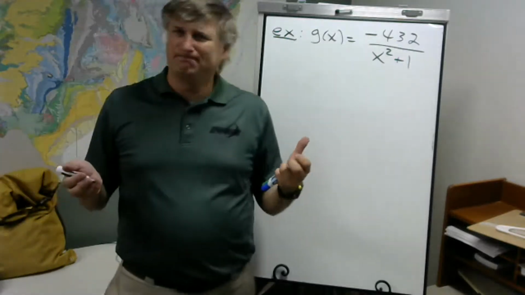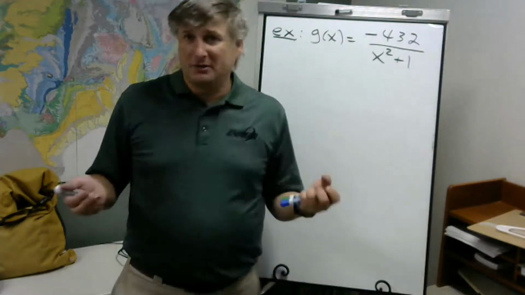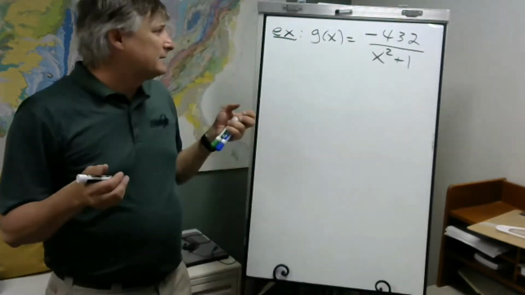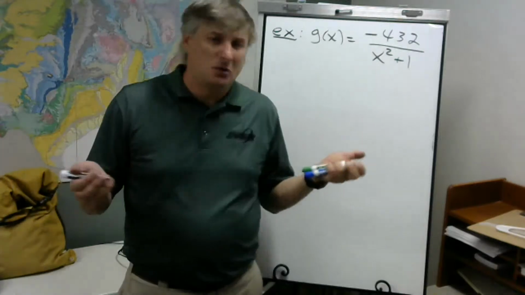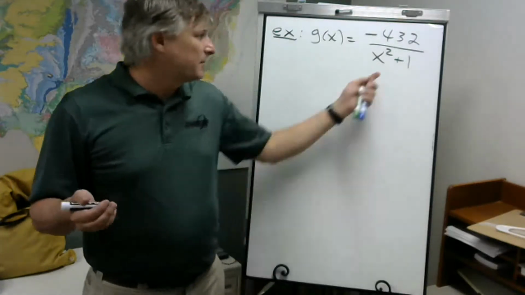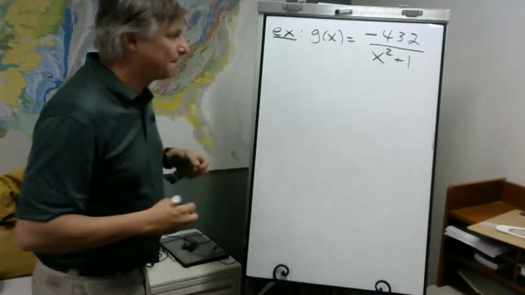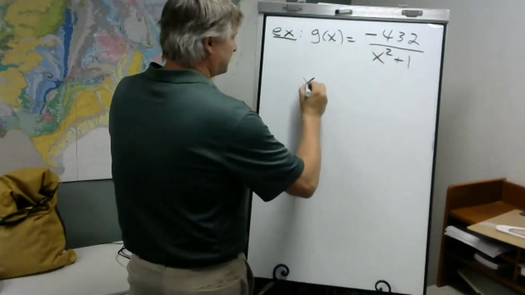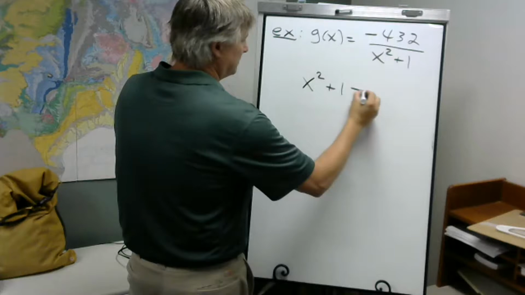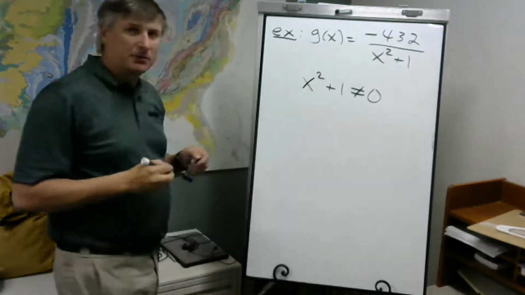Are there square roots? No square roots. No transcendental functions. And there's no artificial restrictions. But there is a division. So let's see. We need to make sure x squared plus 1 is not equal to 0.